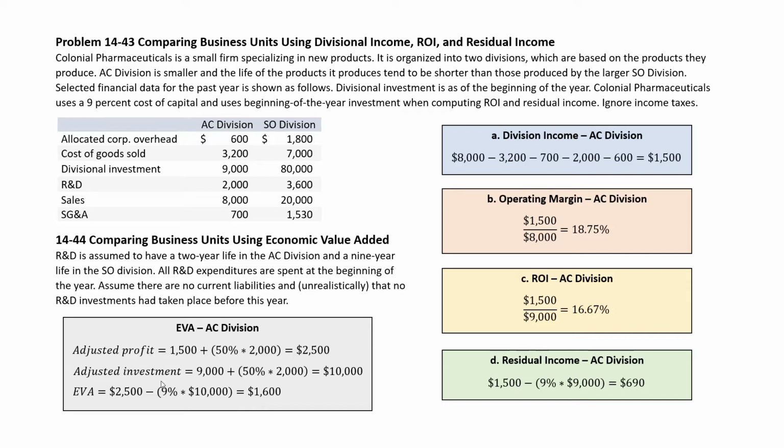Similar for the adjusted investment, I'd take my divisional investment of $80,000 and again add back 8/9 of that, because again only 1/9 of that R&D should have been expensed in the first year. 8/9 of it is going to be saved to future periods and more slowly allocated over those additional years.